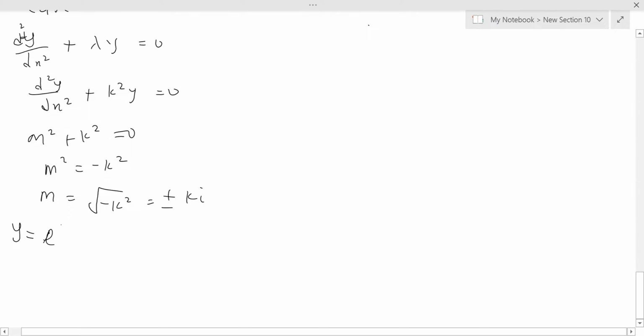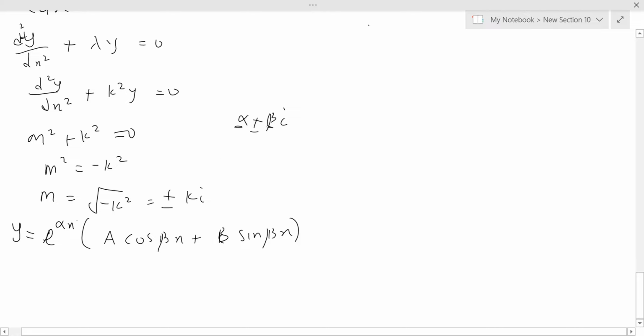We get y equals e to the alpha x into a cos beta x plus b sine beta x. Remember your complex solution is like this: alpha plus or minus beta i. So your alpha is the real part, while beta is the coefficient of the complex part.